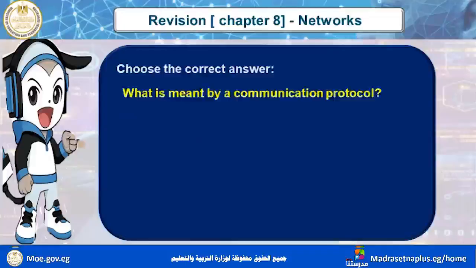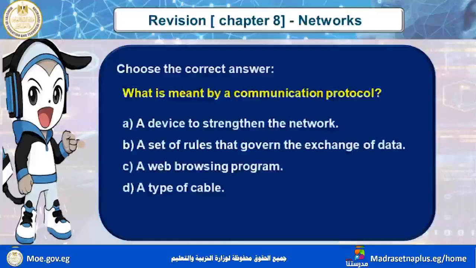What is meant by a communication protocol? A device to strengthen the network, a set of rules that govern the exchange of data, a web browsing program, a type of cable. Yes, correct. A set of rules that govern the exchange of data.